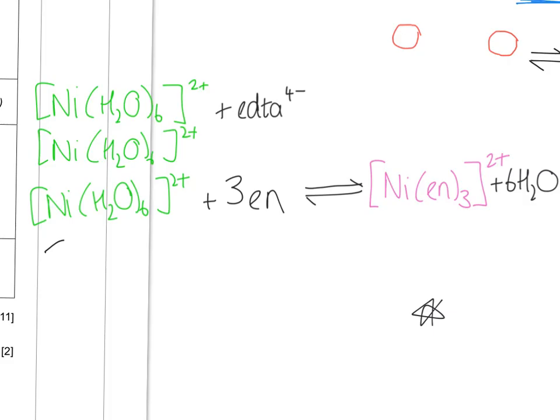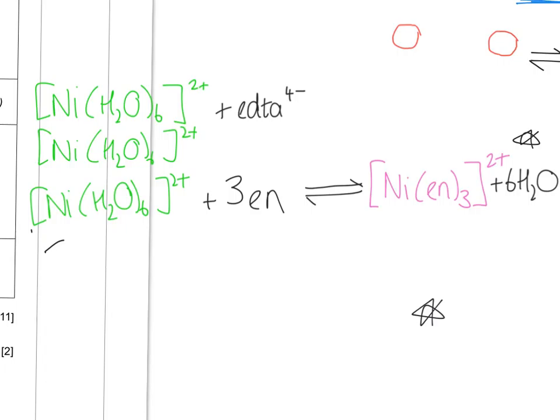Now the last part of the observations test asks us why a reaction happens in test B. So basically, why does this reaction proceed in the forward direction? And the reasoning of this is based on entropy. So what you need to do is determine the number of molecules on the left-hand side of the equation and the number of molecules on the right-hand side.